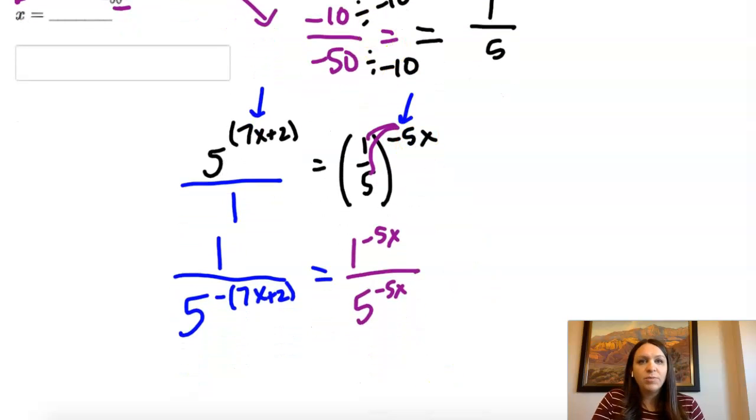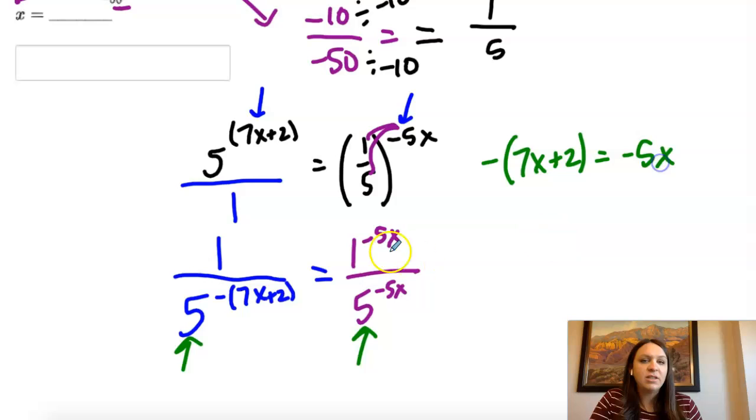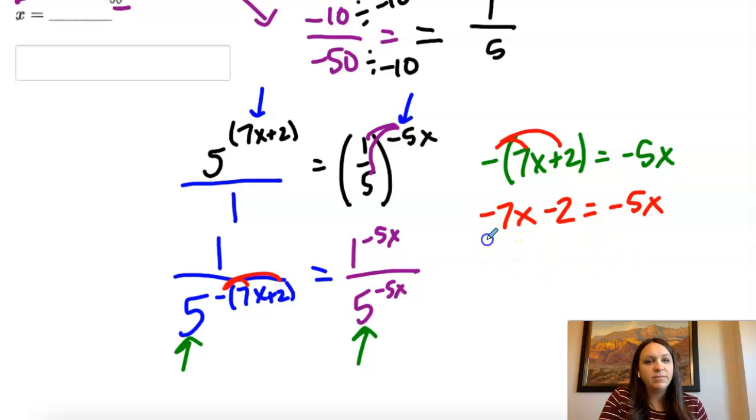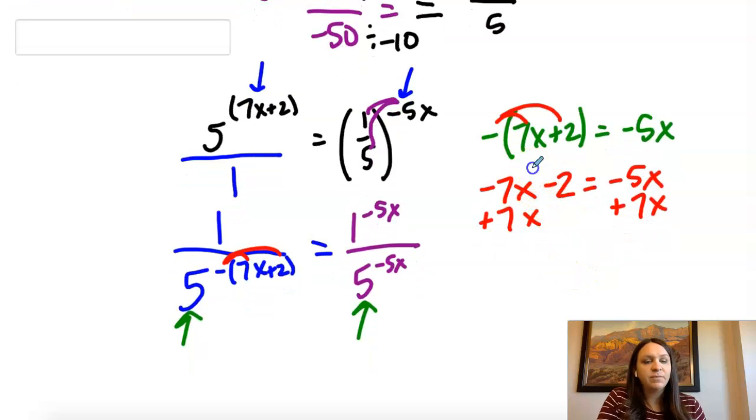So we're close, but now I'm going to solve this part. Now these bases are the same. So I have negative 7x plus 2 equals negative 5x. And this negative has to be distributed to both. So negative 7x minus 2 equals negative 5x plus 7x plus 7x.